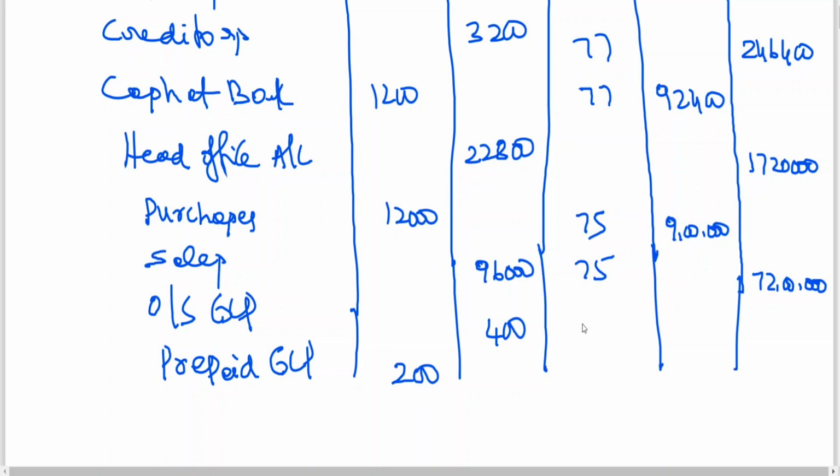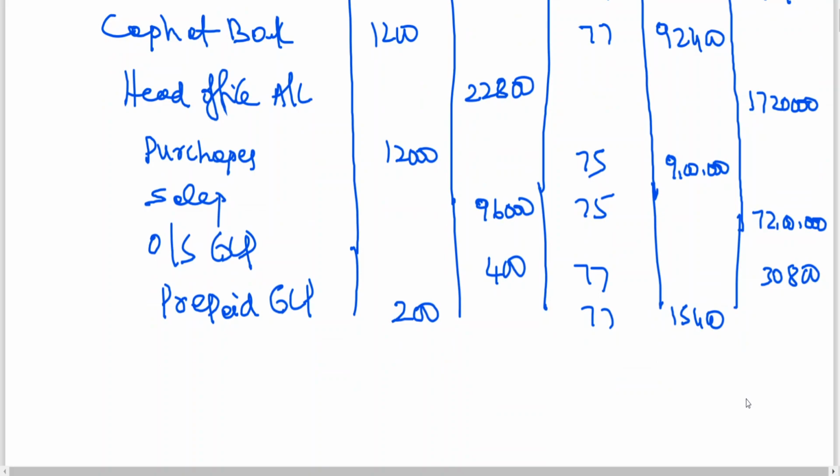So 400 into closing rate 77, you'll be getting 30,800 credit balance. And this one, 200 into 77, you'll be getting 15,400. Now you can go for totaling of it.